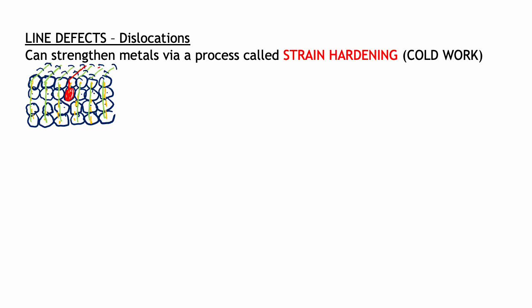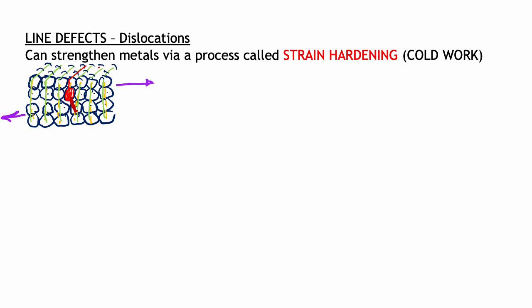And then let's say we apply a shear stress like this. As I apply that shear stress, at some point this bond between these two atoms is going to break, and a bond will form here.